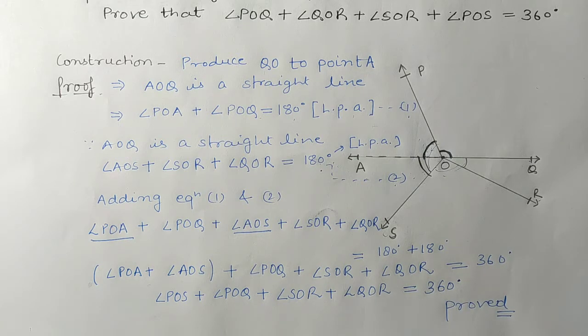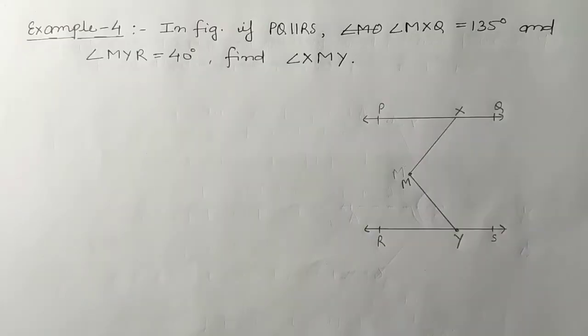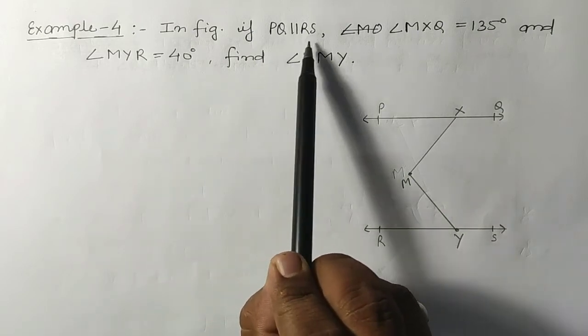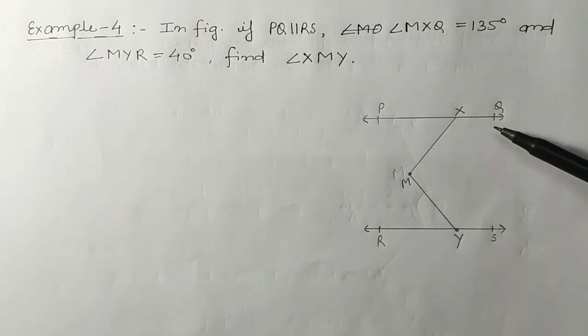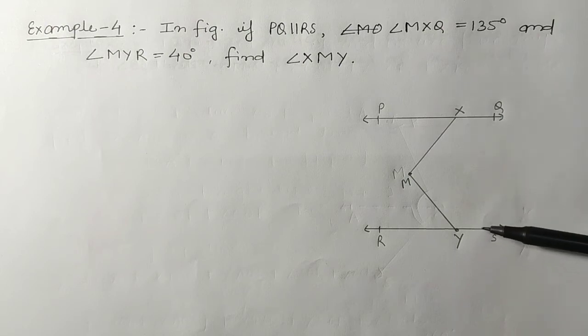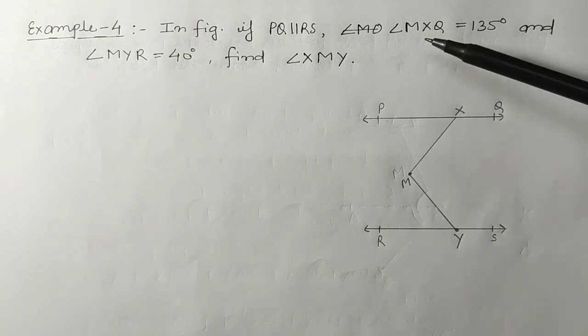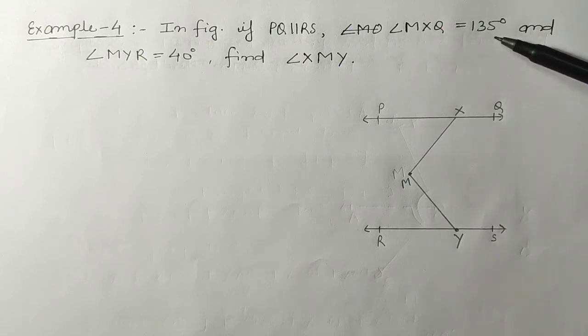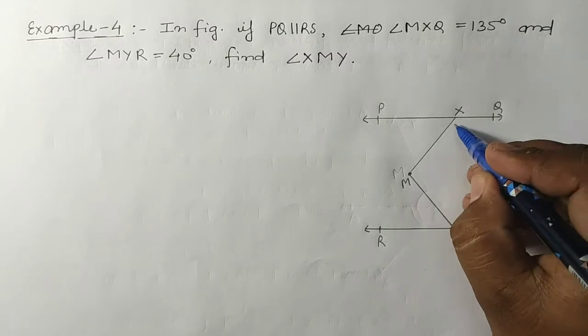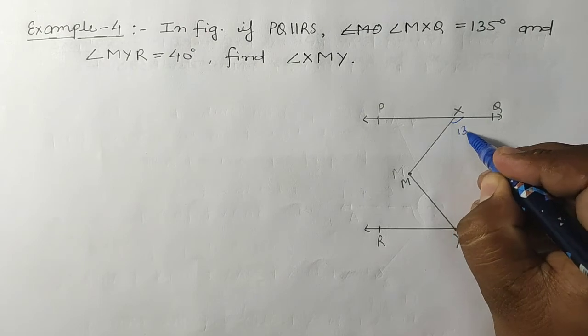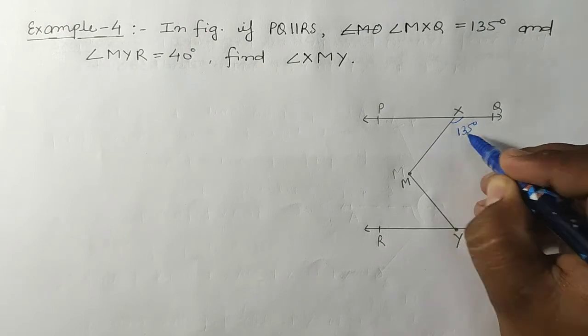Now let us see the next example. Example number 4, and the question is: in the figure, PQ is parallel to RS. Angle MXQ is 135 degrees, meaning this angle is 135 degrees.